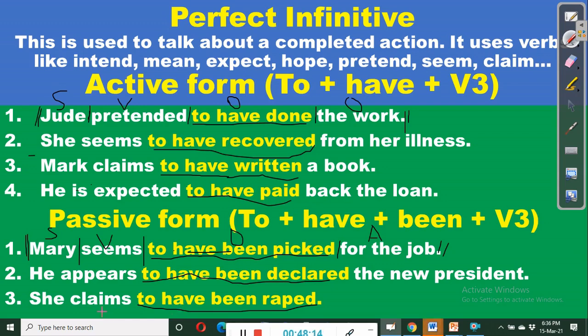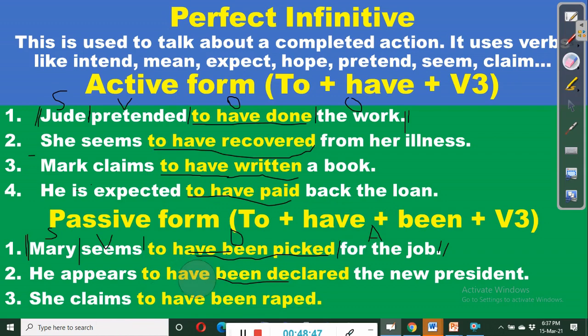She is the victim of the incident. She is not the offender, but the victim. She is not the doer, but the receiver of the dastardly act or the absurd action of raping. All right. So that is exactly what we have here in terms of active perfect infinitive and passive perfect infinitive.